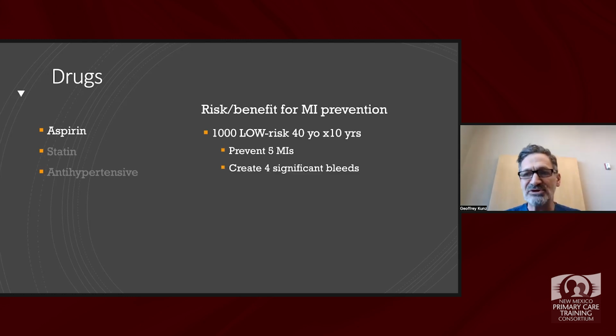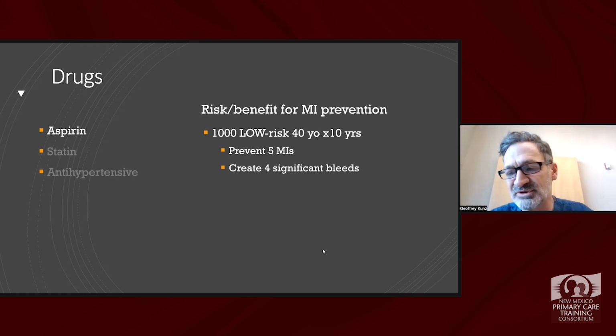And to put that in some numbers, in low risk patients, and this is just an example, if you took 1,000 40-year-olds at low risk, so less than a 3% 10-year risk of cardiovascular event, treated them with an aspirin a day for 10 years, you would prevent 5 heart attacks and you would create 5 significant bleeds.